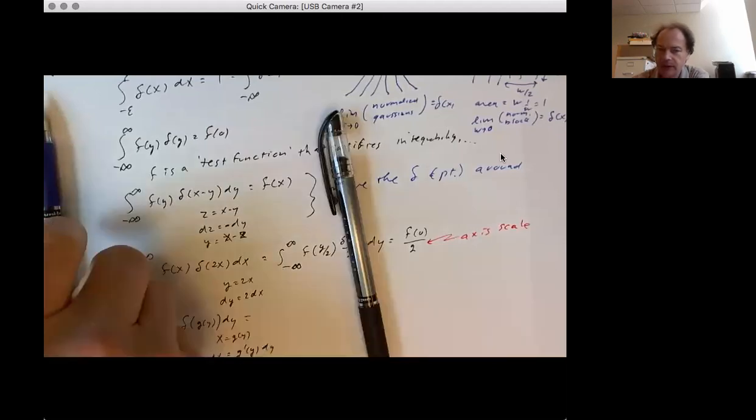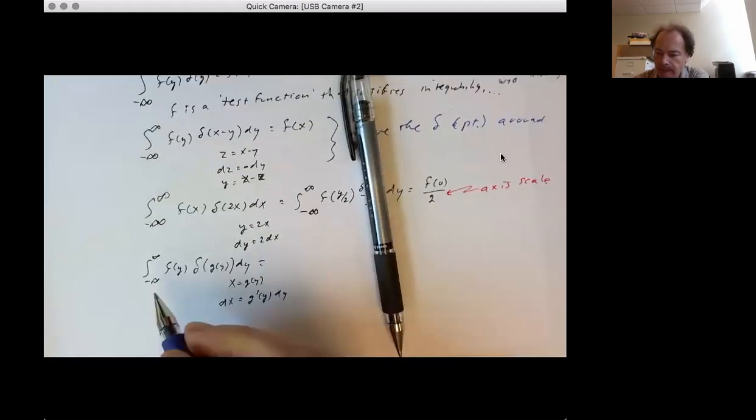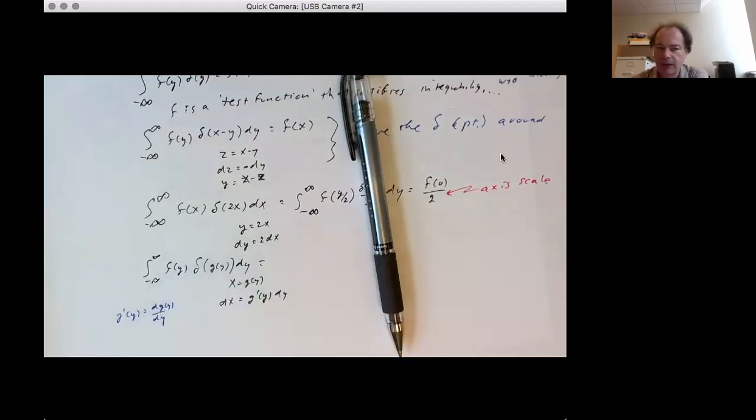Where here I'm using the standard notation that g prime of y is equal to dg/dy. The prime is the derivative with respect to the only variable that you have.